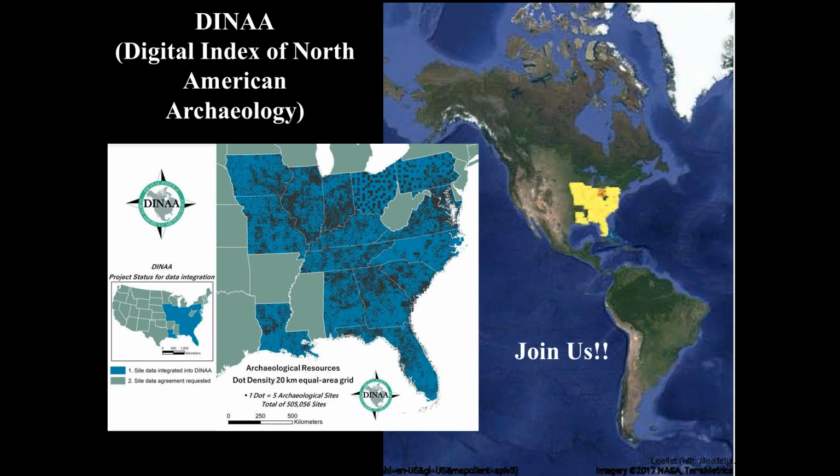Some states do have information on where coverage has occurred and the kinds of coverage. Other states don't. And one of the things that DINA is doing is showing us what we should be considering when we're moving forward in the future, both as state or agency site file managers, and then what is the best way to link or integrate this information. Over.